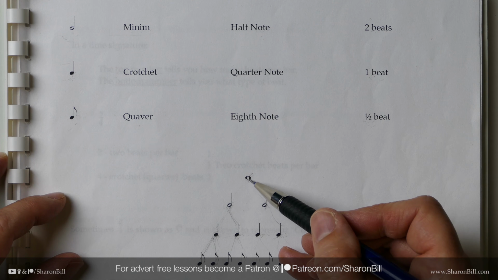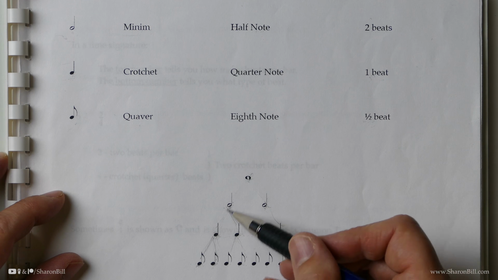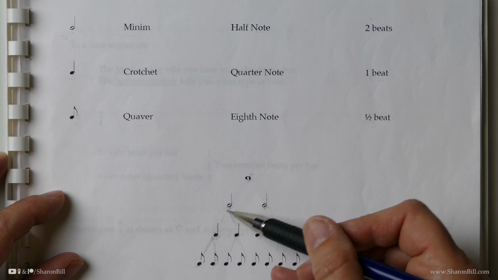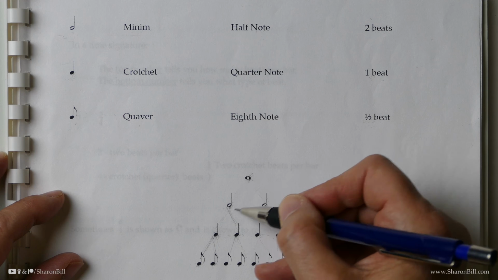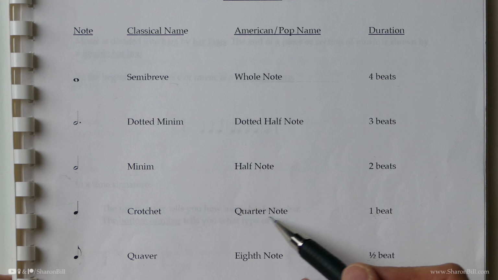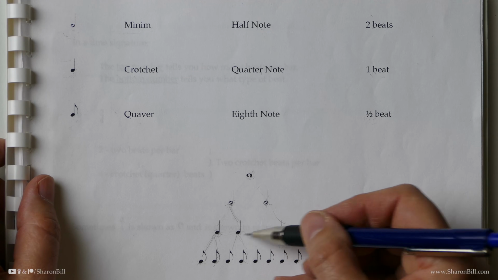You can see how a 4-beat note divides into 2 2-beat notes, which divides again into 4 1-beat notes. So we've gone from a whole to 2 halves, like a cake. It's one big whole has divided into 2 halves or 4 quarters. And so that's why the crotchet is referred to as the quarter note, because it's divided the whole into quarters.